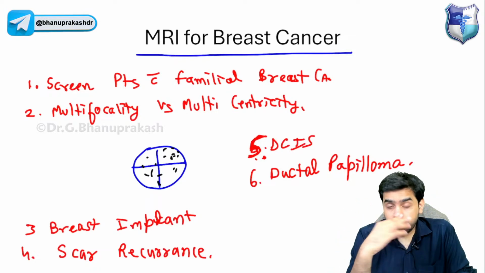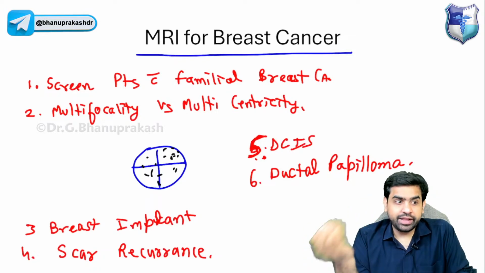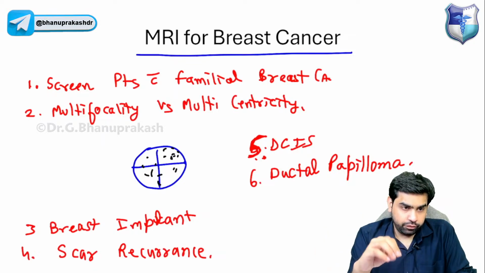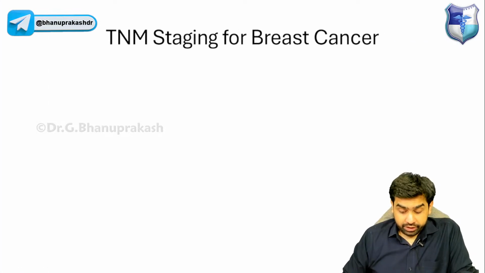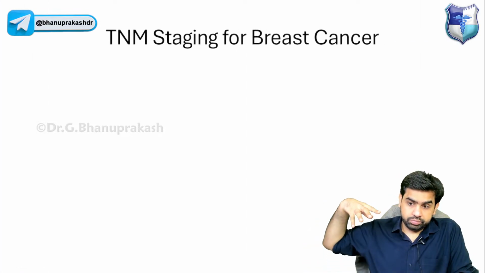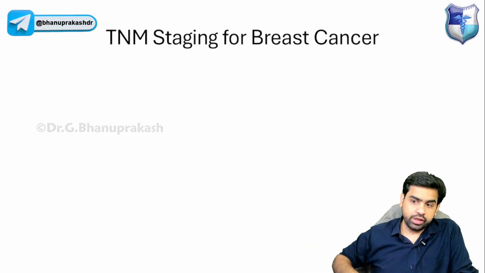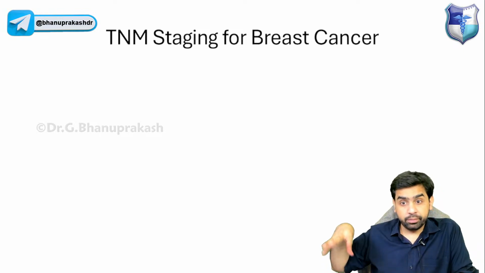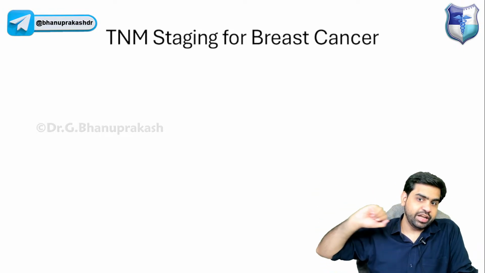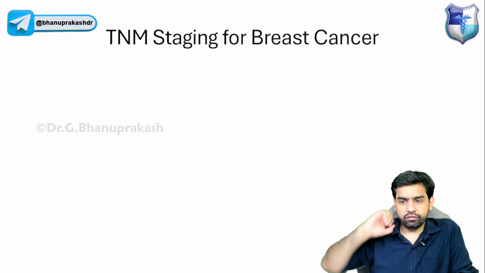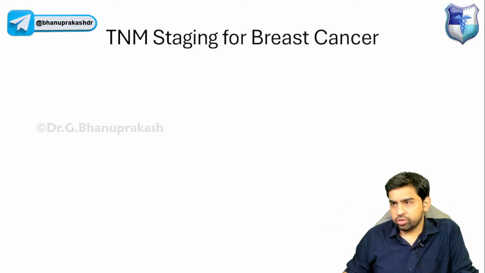Or it can involve more than one quadrant of the breast. That is what is called a multicentric malignancy. The clinical importance of this is to understand when you perform breast conservative surgery and when you perform a modified radical mastectomy. So based on that, you have to understand this. I hope you have understood this point.